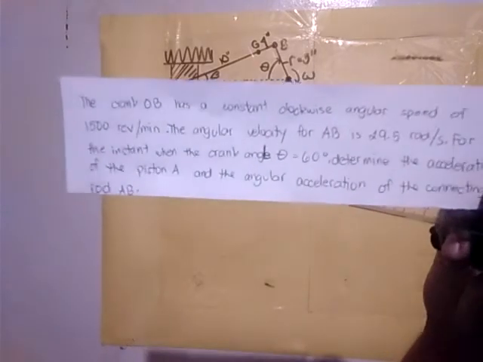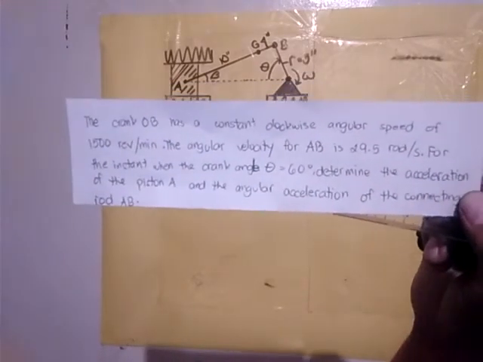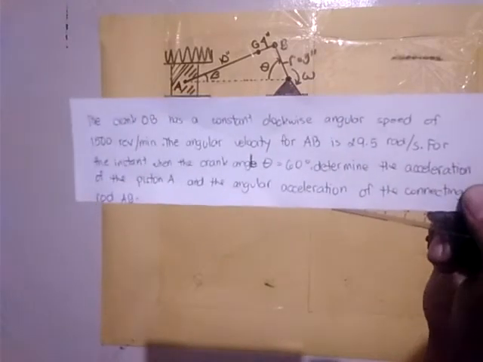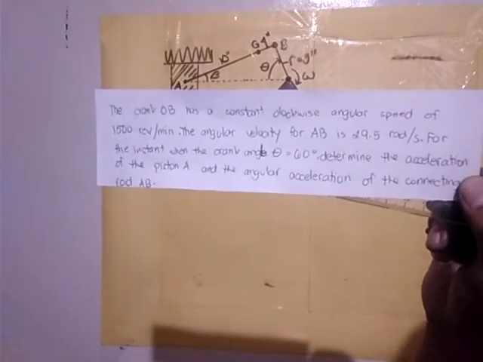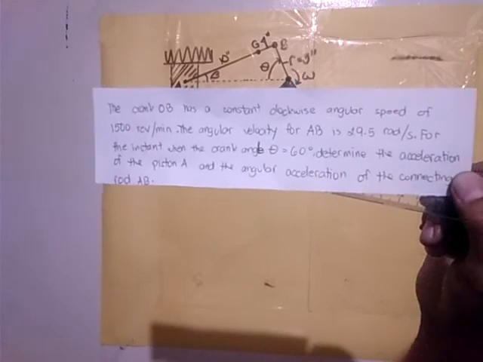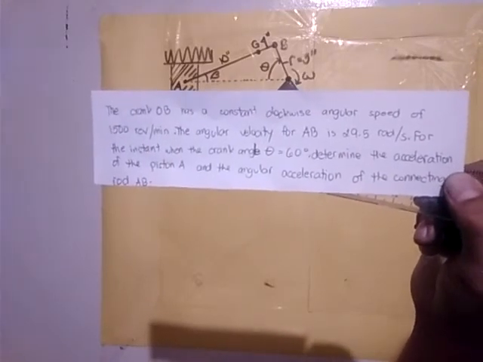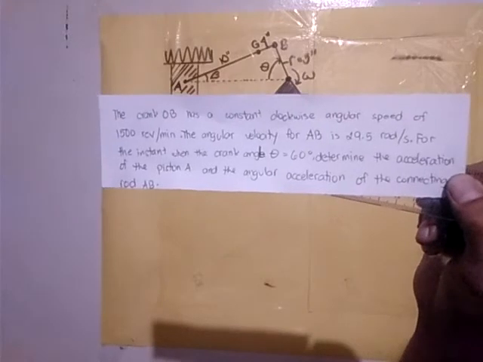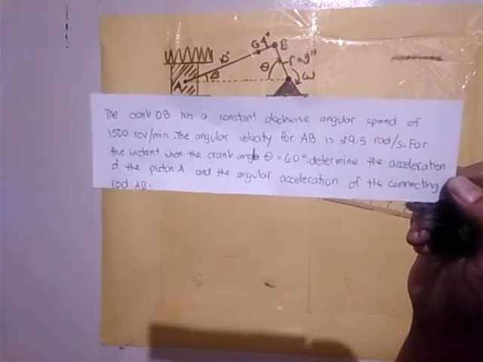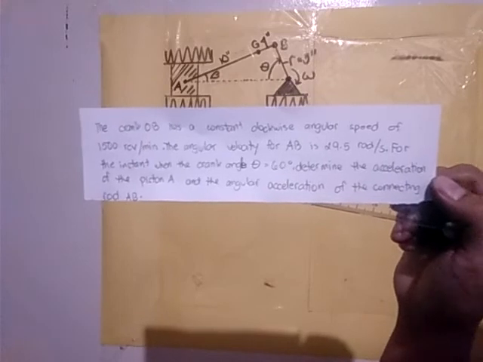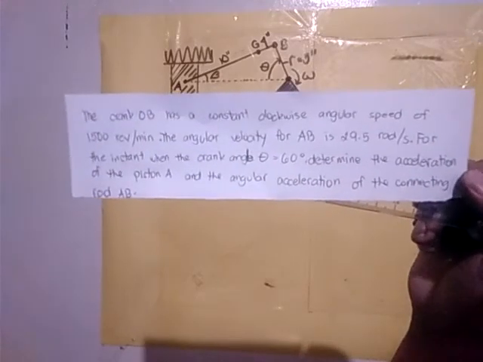So this problem is about the relative motion of acceleration. The crank OB has a constant clockwise angular speed of 1500 revolutions per minute. The angular velocity of AB is 29.5 rad per second.